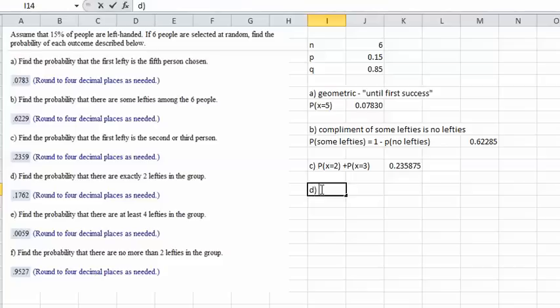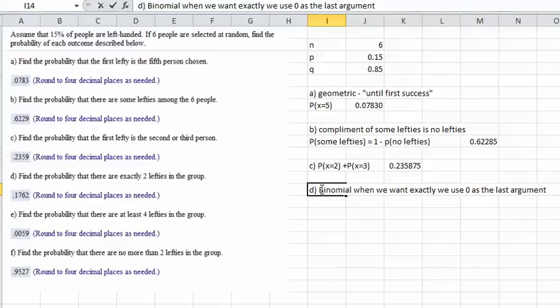All right, D then says, find the probability that there are exactly 2 lefties in the group. Okay, exactly 2 out of 6. So this is definitely a binomial. And when we want exactly, we use the command with 0 as the last argument.